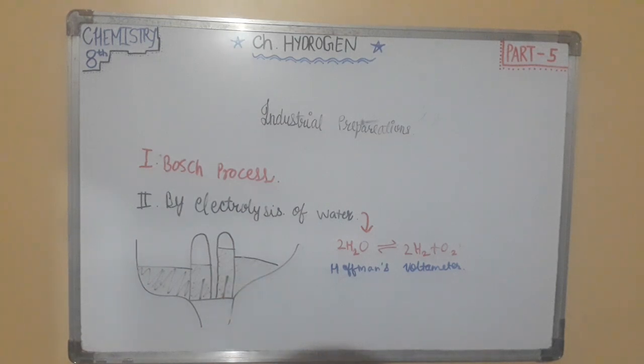These parts are called platinum electrodes. Next, this one is hydrogen and this is oxygen. And this is acidulated water.